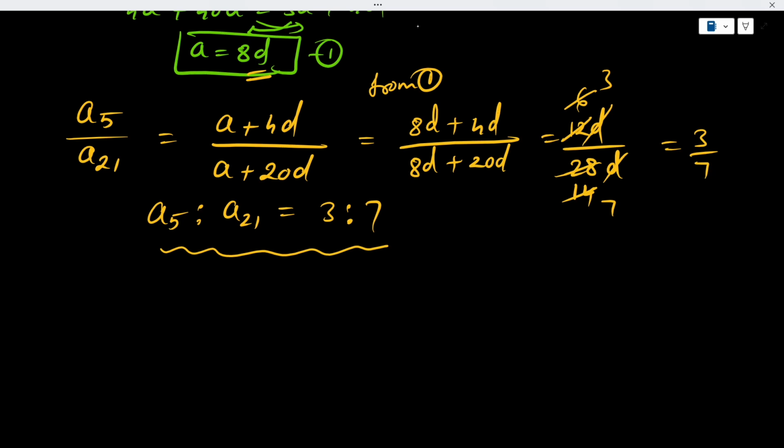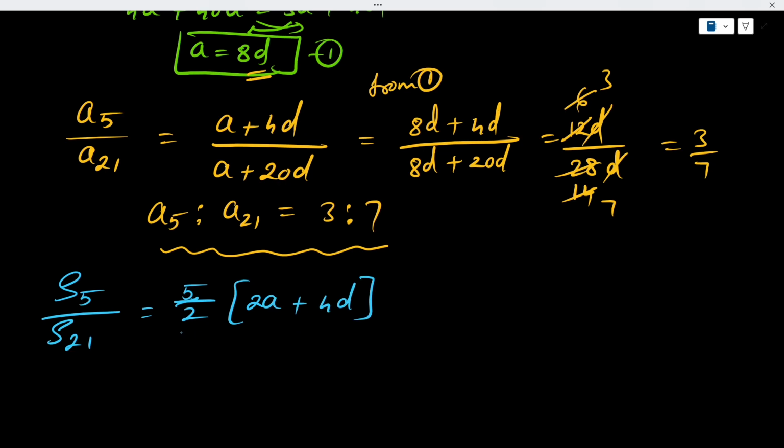Other than that, we need to find out S5 is to S21 also. So again substitute in the formula n by 2, which is 5/2 times 2a plus 4d, because it's n minus 1 d, by 21/2 times 2a plus 21 minus 1, it's 20d.